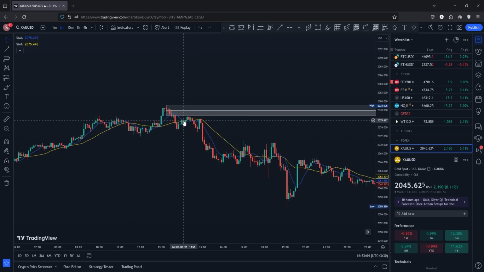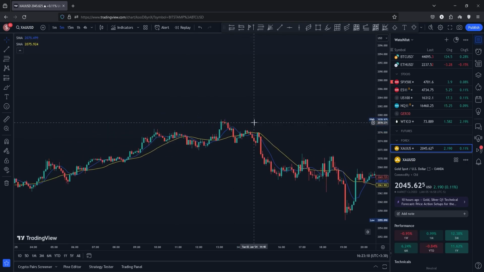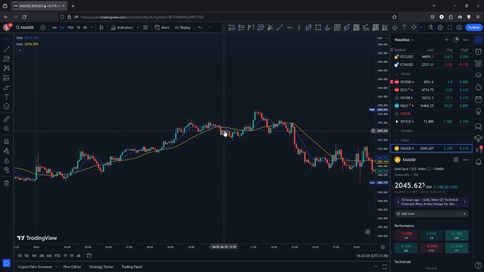You can enter the short position here in the London session. Let's erase that one. You can enter the long position here and lose the trade. You can enter here for a short position and lose another trade too.